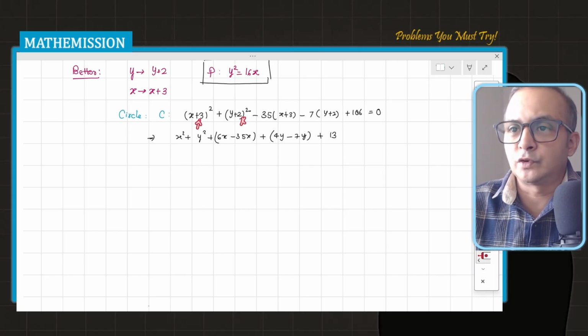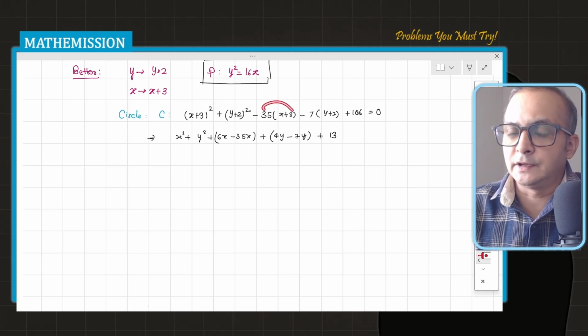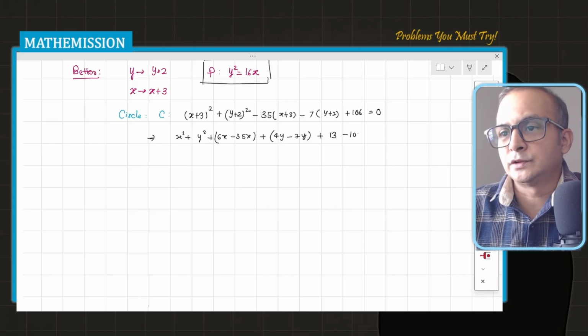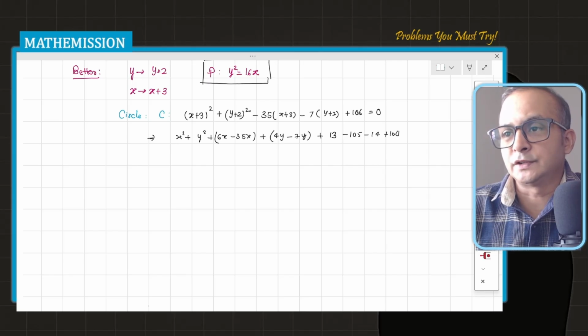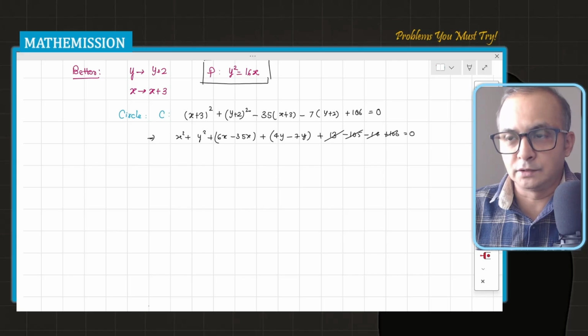And this is minus 35 times 3, minus 105, minus 14. You can notice the constants will cancel altogether, because 106 minus 1 minus 30 minus 14.